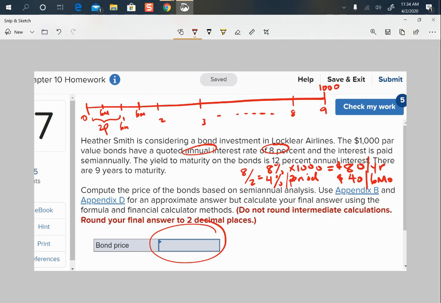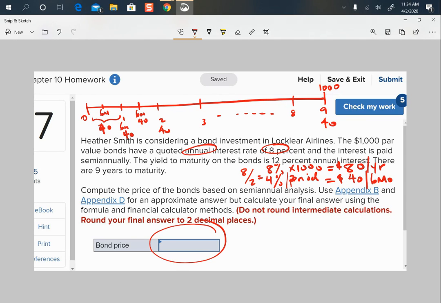And then you do the 4% times $1,000, and this will still give you $40 every 6 months. So we know then every 6 months you're going to pay $40, $40 at the end of the year, $40, $40, all the way again at maturity you pay $40, but you're going to receive the $1,000 at maturity.